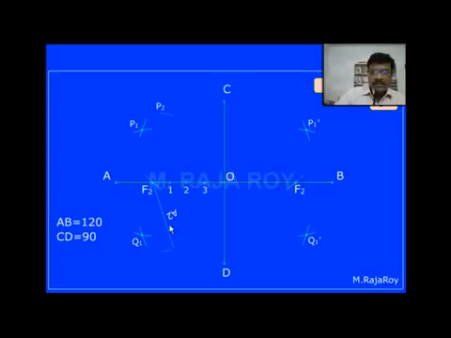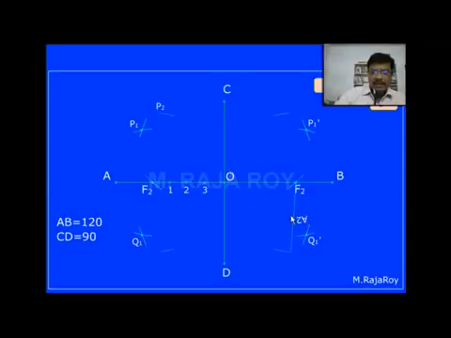Now don't change the radius, and change the center to F2. This is F1, this is F2. With F2 as center, draw one arc on the top side and one arc on the bottom side.